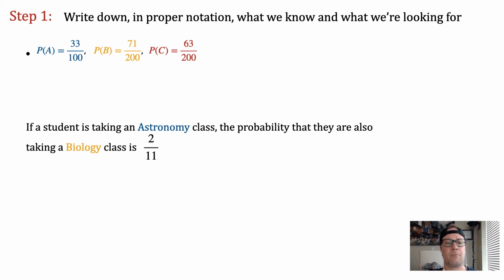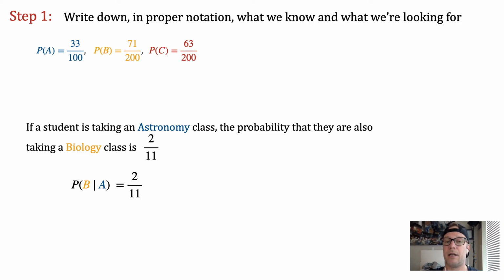And it says here, if a student is taking an astronomy class, so that means if we already know for sure that this person is in an astronomy class, the probability that they are also taking a biology class is 2 over 11. And the way we properly write that is probability of B, and then that horizontal line you can think of as given that. So we're saying, what's the probability that a student is taking a biology class given that they're already taking an astronomy class?